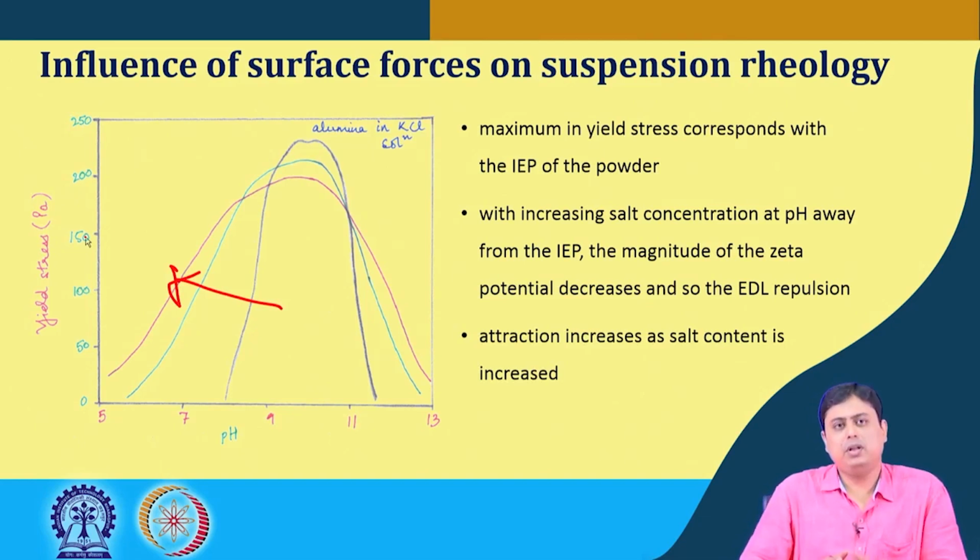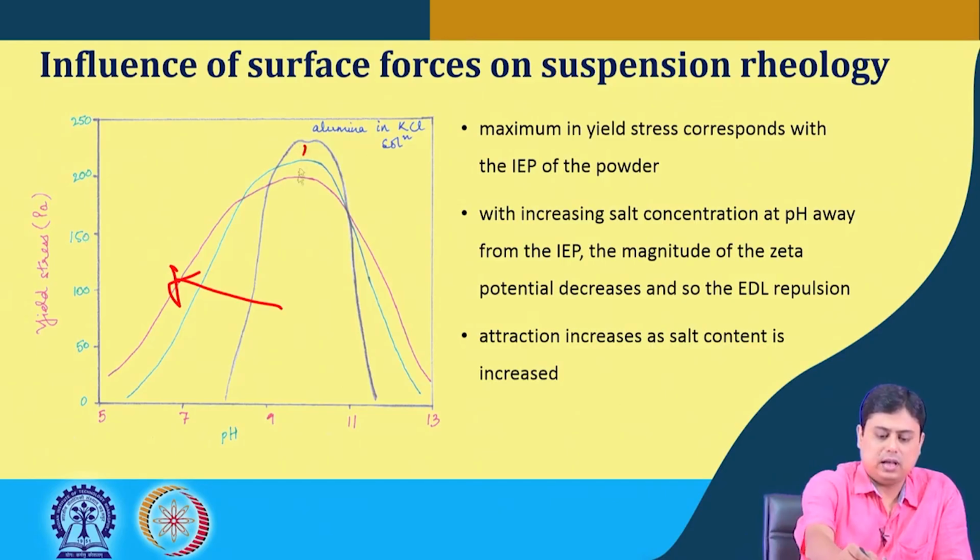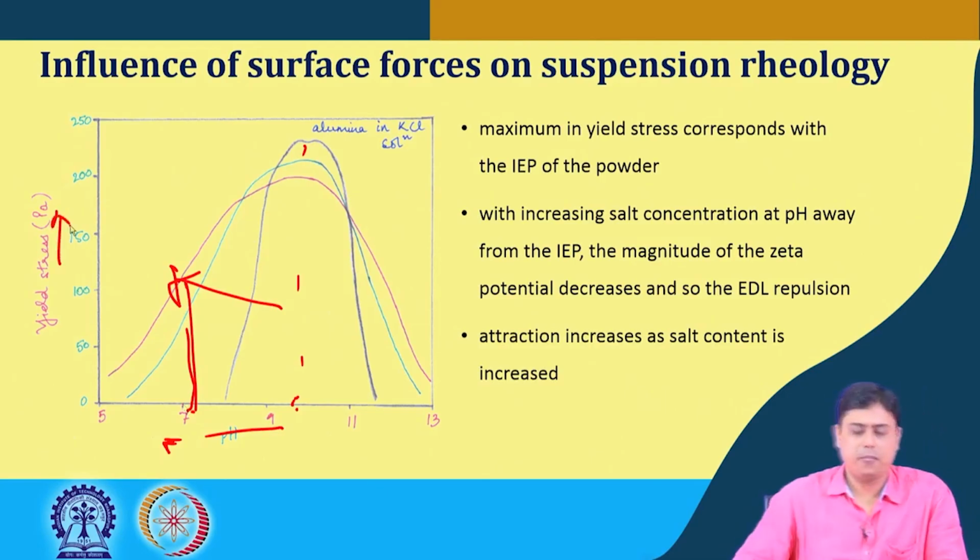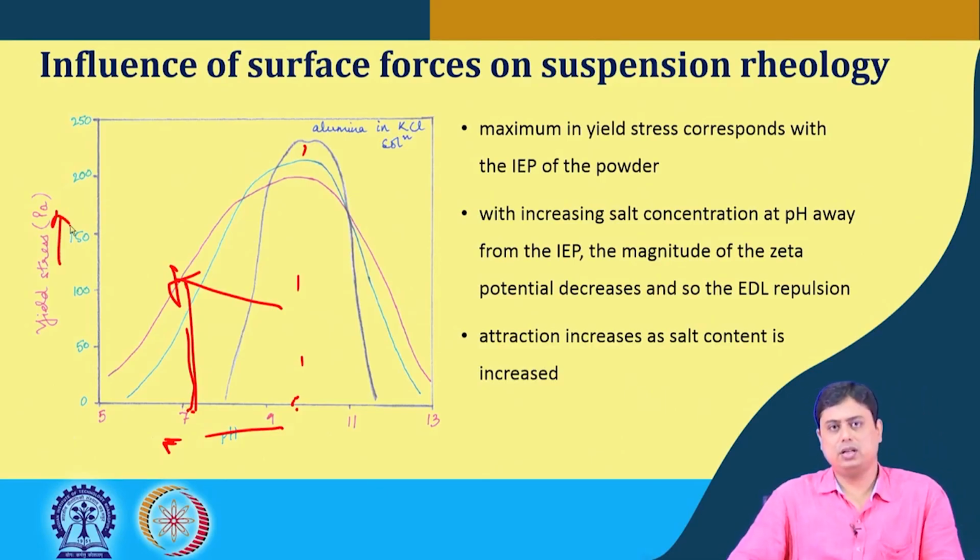that is away from the IEP. This is the IEP. Away from the IEP, we see that for a particular pH we require more and more yield stress, which is shown on the y axis, as the salt concentrations are increased.